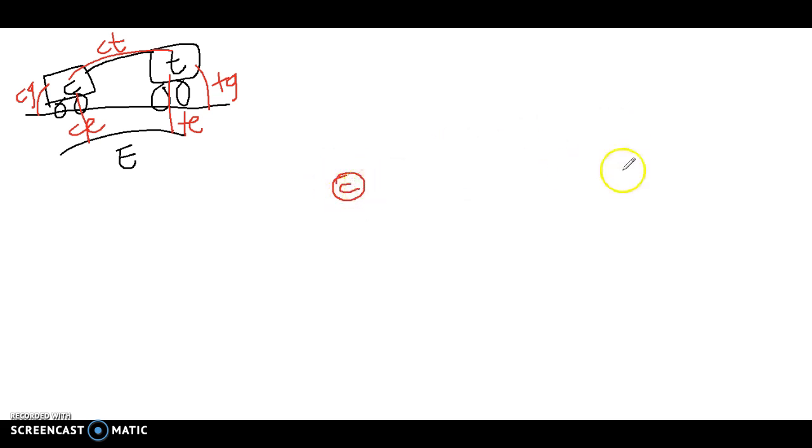Again, we're going to put the car on the left and the truck on the right, so it matches the picture. Let's look at the car. He's having at least 3 interactions and possibly friction. Let's look first at his weight, which is the force of gravity on the car from the earth.